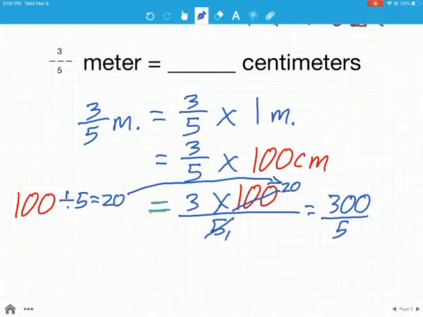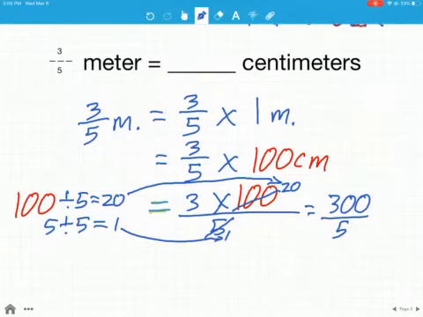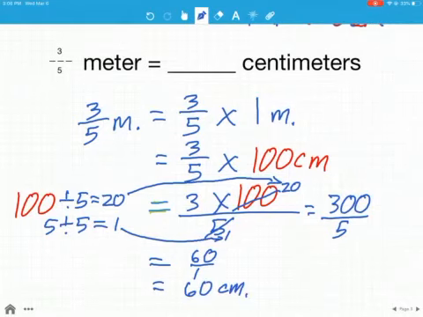So now I have, and on the bottom here, I'm going to be doing 5 divided by 5, and that's going to give me 1. So now I have 20 times 3, or 3 times 20, which gives me 60 ones. Better way to say it is just 60. So we have 60 centimeters. 3/5 of a meter is 60 centimeters.